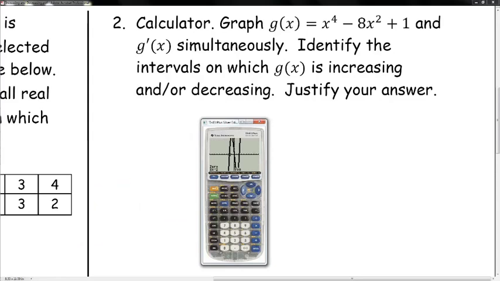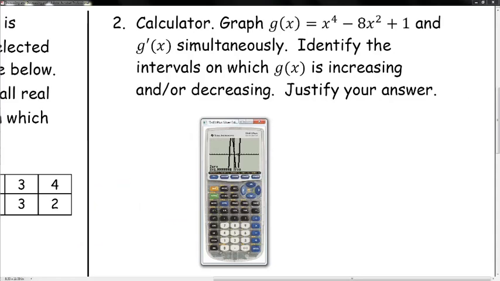So negative 2. My next one looks like it's going to be at 0. Yep, 0. And I think I have 2 again. Yep, 2. So my x-intercepts are negative 2, 0 and positive 2.